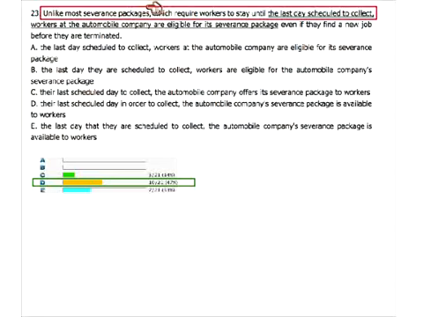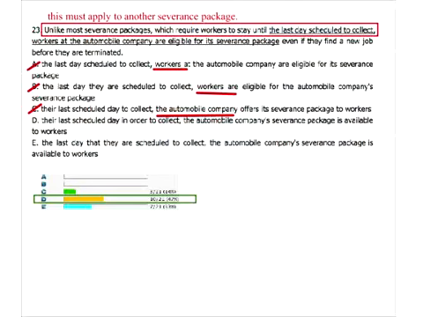So that eliminates everything except for D and E, because the subject of A is workers, the subject of B is workers, and the subject of C is the company. So these are not things that are unlike severance packages. This is the automobile company's severance package, and this is like Primo Levi's stories.